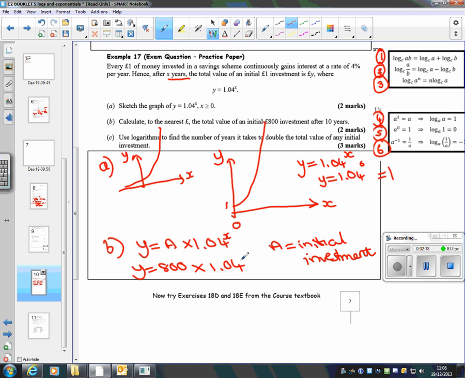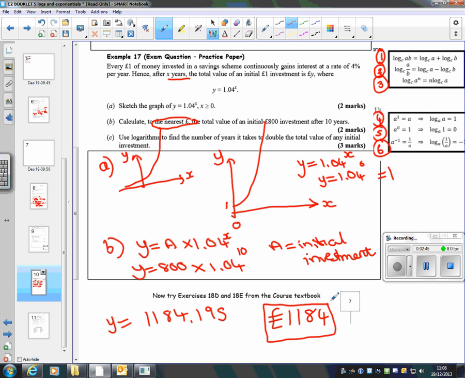And we want to work out how much money we've got after 10 years, so x is 10. So you can work that out on your calculator. 800 multiplied by 1.04 to the power 10, which gives you 1184.195. But we want to give our answer to the nearest pound. So our answer would be £1,184. That's how much money we'd have after 10 years, after initially investing £800.